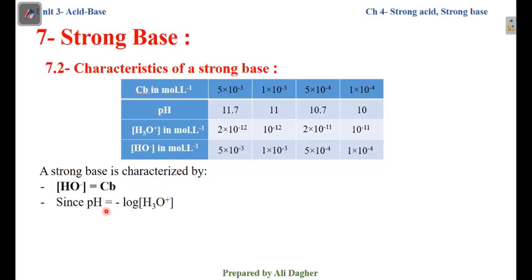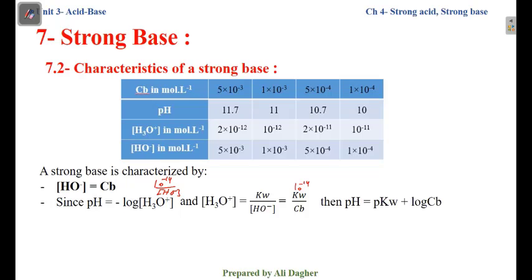Now, since pH equals negative log of the concentration of H3O+, and the concentration of H3O+ equals 10^-14 over the concentration of HO-, then the relation becomes: H3O+ equals Kw over the concentration of HO-. Since HO- equals Cb, we can replace HO- by Cb, with Kw equal to 10^-14.